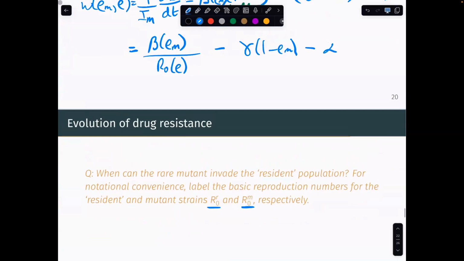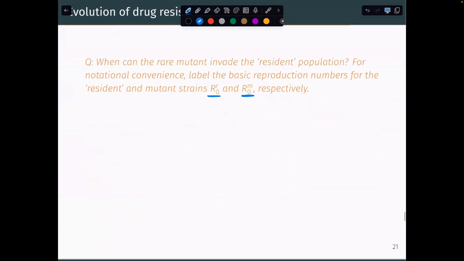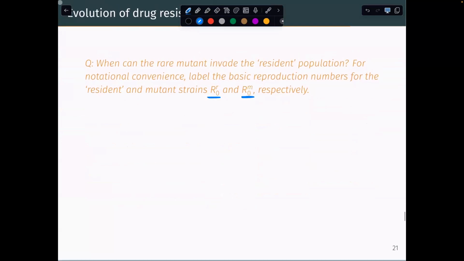So this R0 of rho here is now going to be R0 superscript R. Okay, so when do we get invasion? Well, invasion occurs when our invasion fitness is positive, right? This is our invasion exponent. Our mutant will grow exponentially when this is positive.